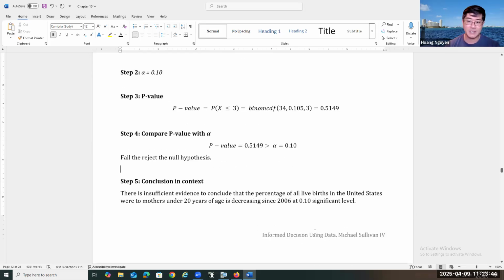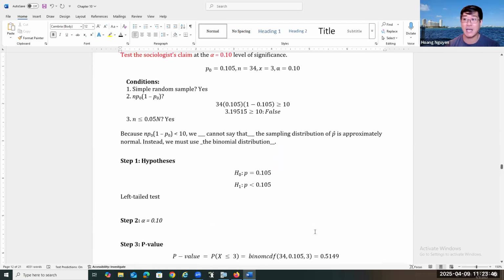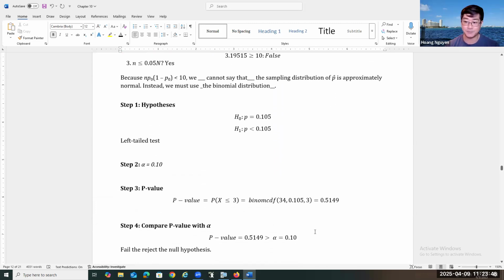Once again, the outline for the hypothesis test. Step number 0, you need to check the conditions. Step number 1, you determine the null and the alternative hypotheses. Step number 2, you select the significance level alpha. Step number 3, you use calculators or a formula to calculate the test statistic.